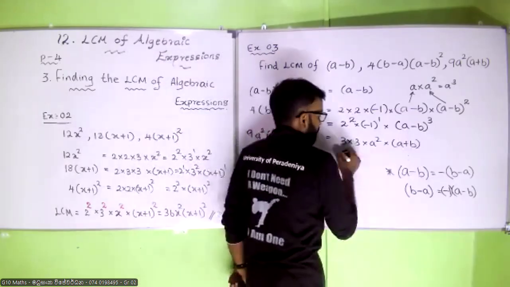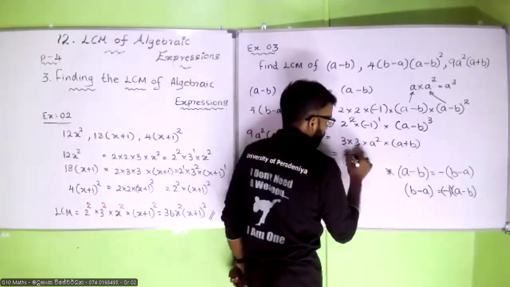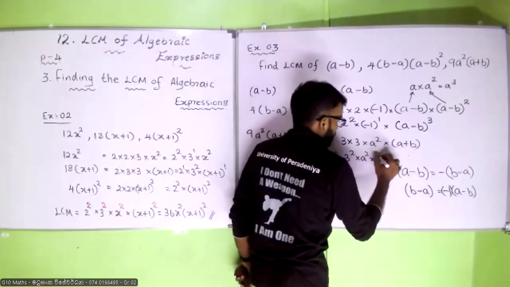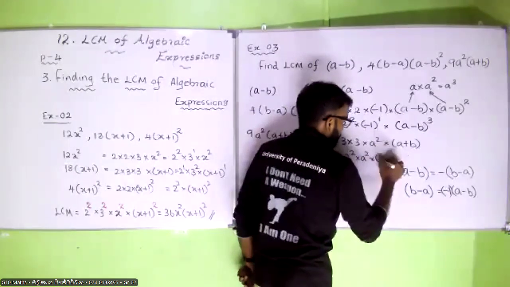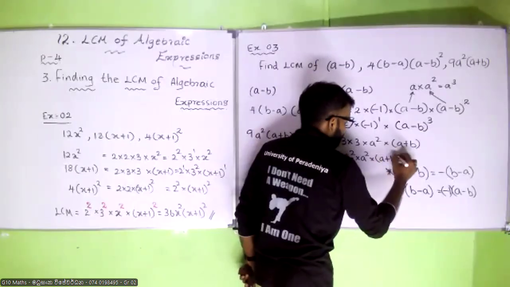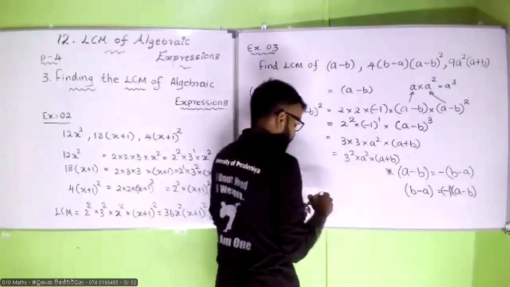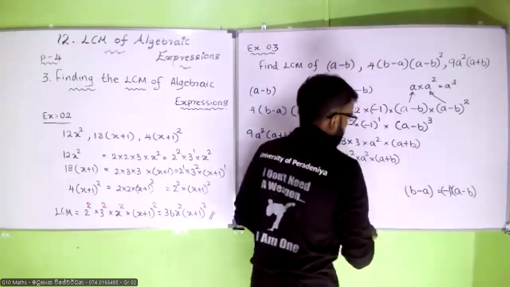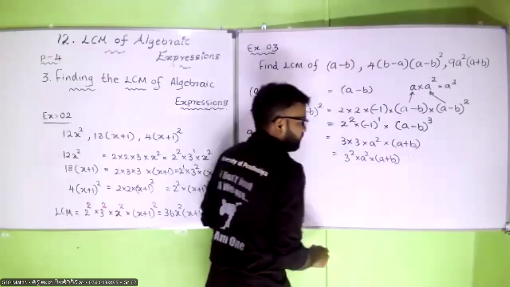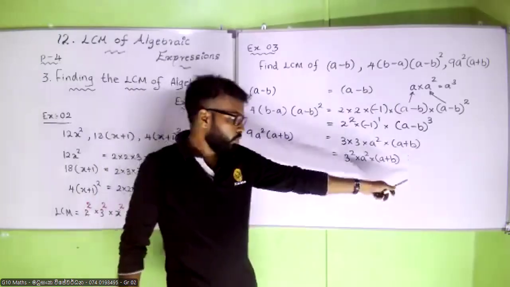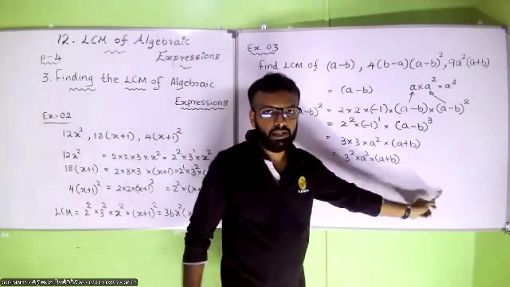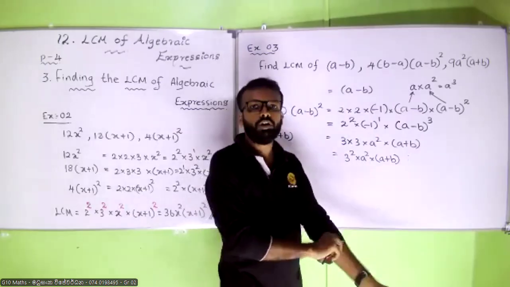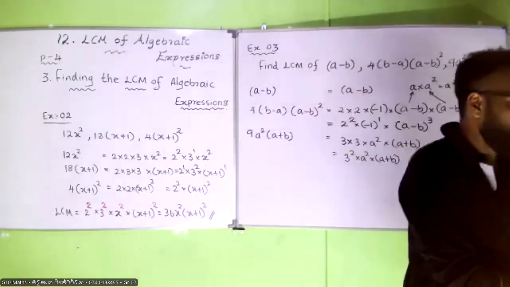So this one can be written down as 3 to the power 2 multiplied by A to the power 2 multiplied by A plus B. Right? So LCM. Today, I hope you have written down the hint in a different color or something. That is one of the important things you need to know.